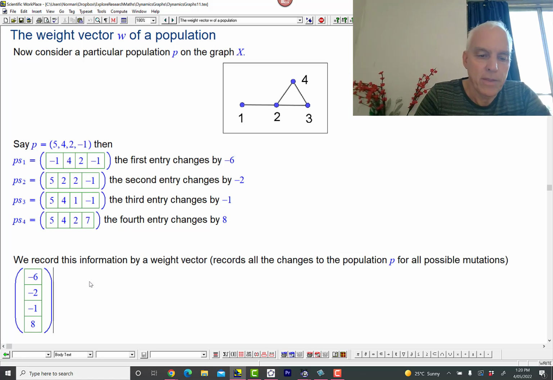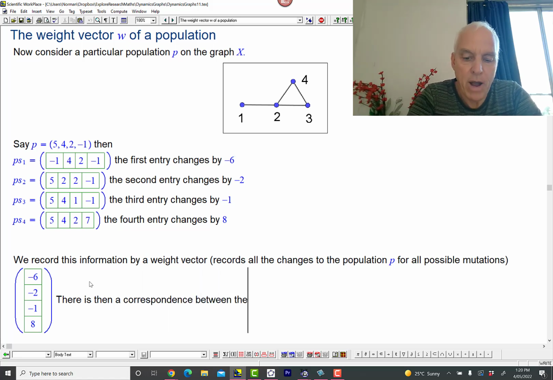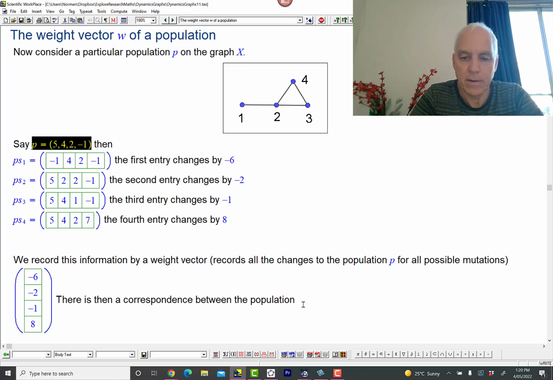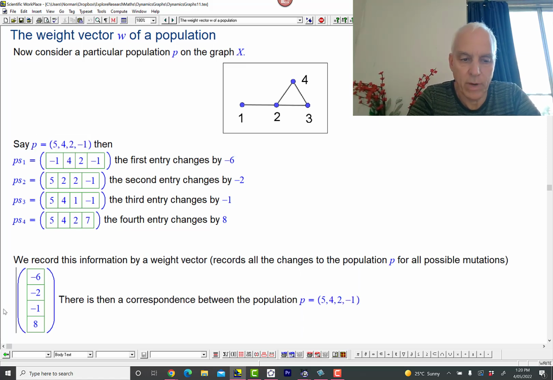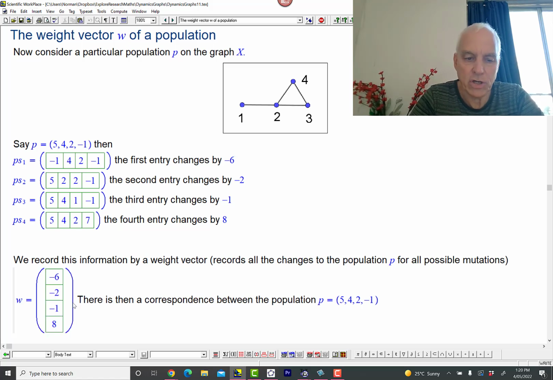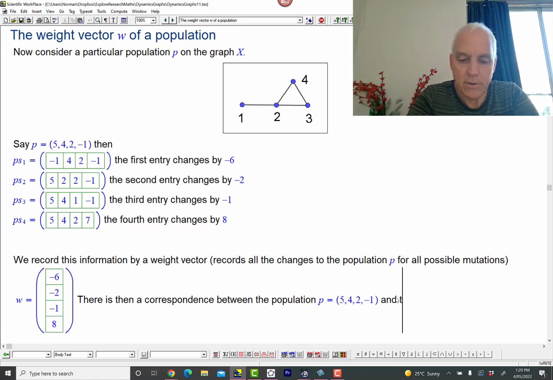Okay, so there is then a correspondence between the population P equals that, and maybe we'll give this a name, let's say W for weight, how's that? Between the population P and the corresponding weight.